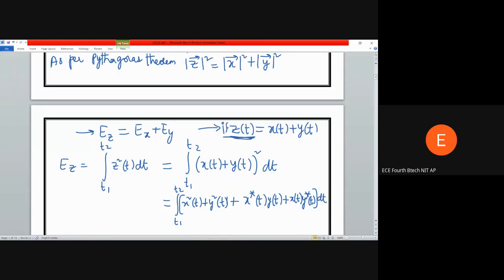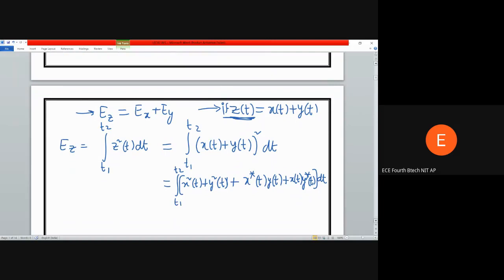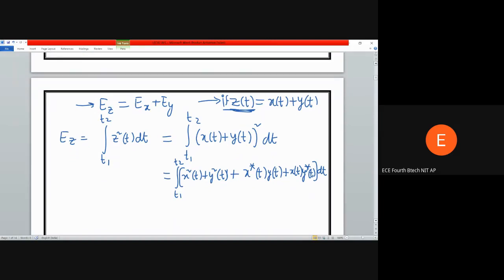And remember one thing, because x of t and y of t are orthogonal in nature, I can write this as the integral from t1 to t2 of x square of t plus the integral from t1 to t2 of y square of t dt. The remaining terms do not exist because when you integrate two orthogonal signals within the period t1 to t2, the result goes to 0.